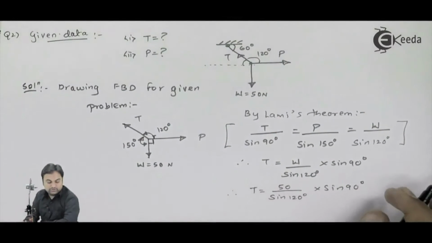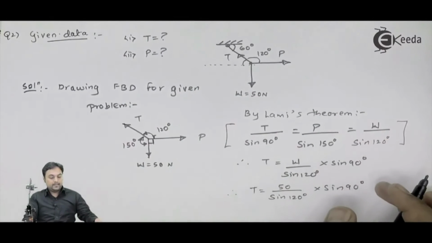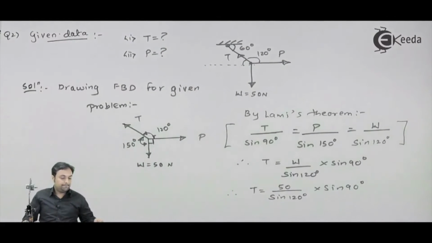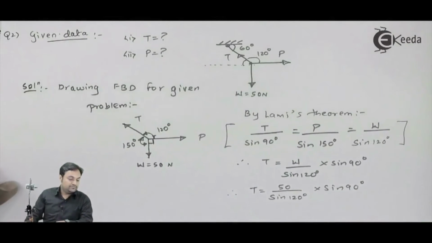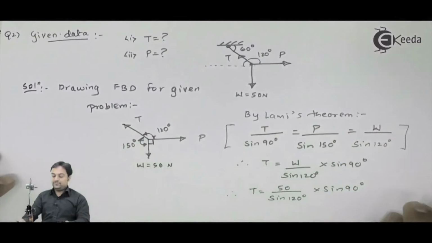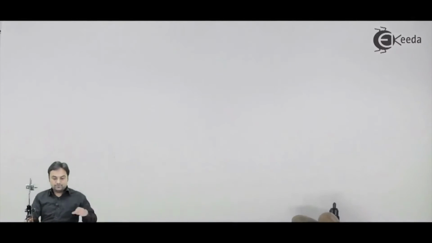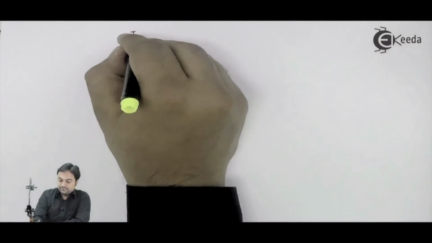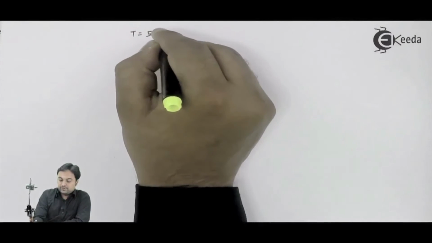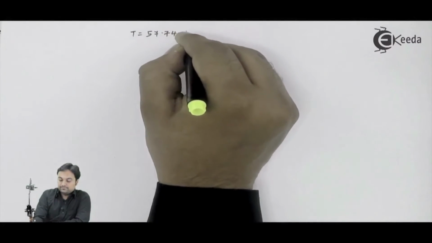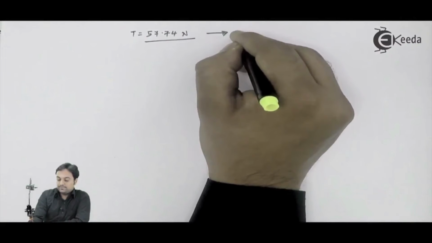If I calculate all terms carefully, I will get my answer. The value of T comes out to be 57.74 Newton. So capital T is 57.74 Newton. My first answer.